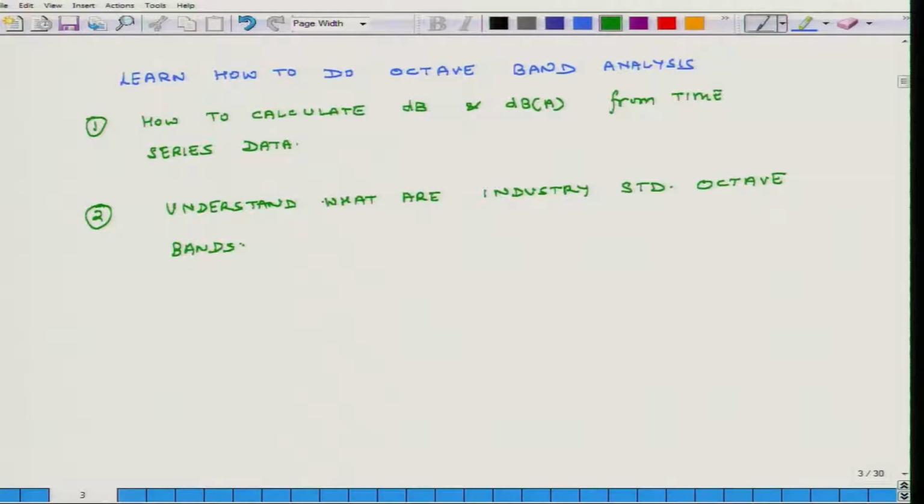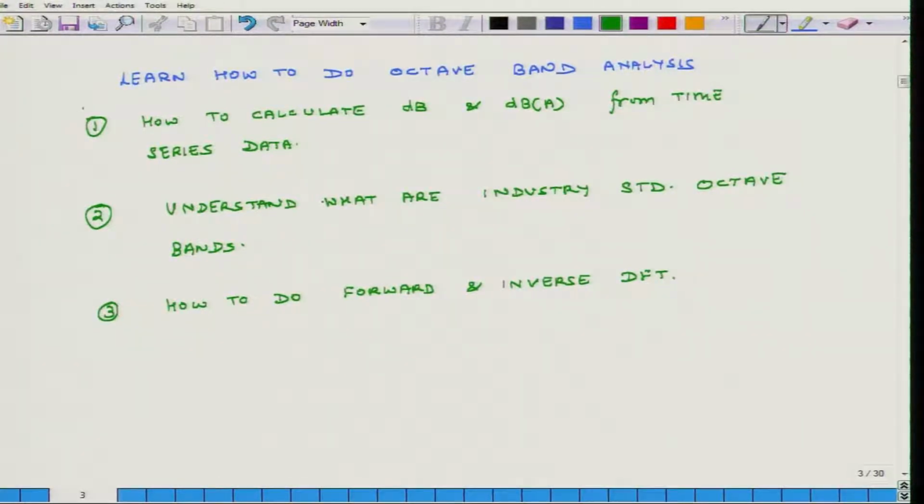Okay. And the third thing we have to know is how to do forward and inverse discrete Fourier transform.